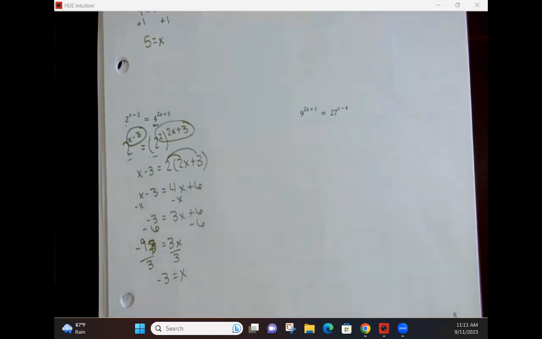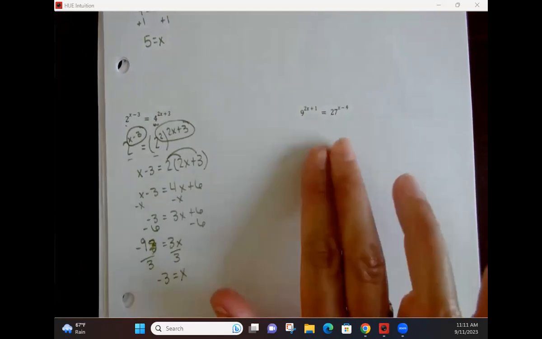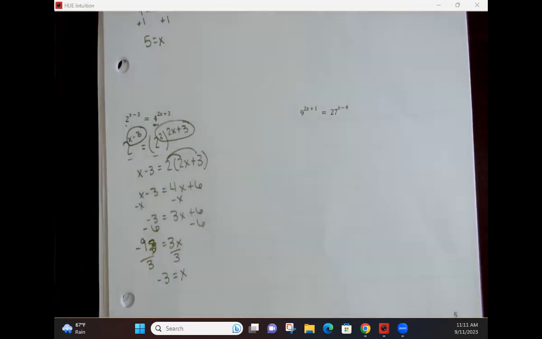I would like you to try the 2 remaining problems on this page. The top one, the bases are already the same, so that one shouldn't be too bad. And then the bottom one, you're going to have to do some rewriting on that one to get the bases to be the same.